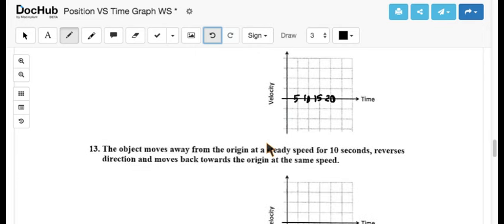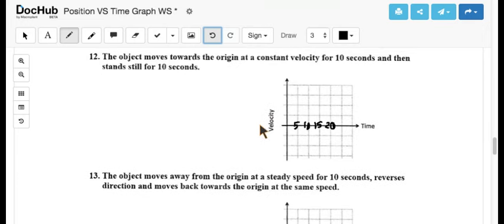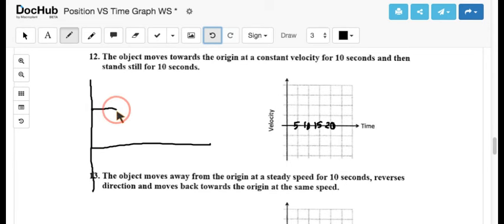And that happens instantaneously, essentially. Let's say that this isn't necessarily for this one, but just in general. If I have a velocity versus time graph and I'm moving away from the detector at a constant velocity, then all of a sudden I switch direction and I start walking towards it, well, it's immediately going to drop to the negative, and then it's going to continue along at a constant speed.